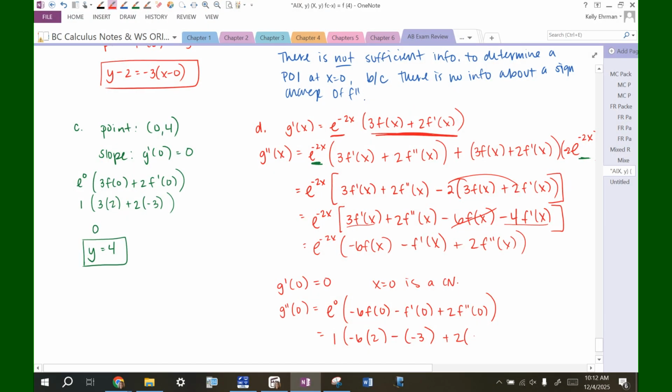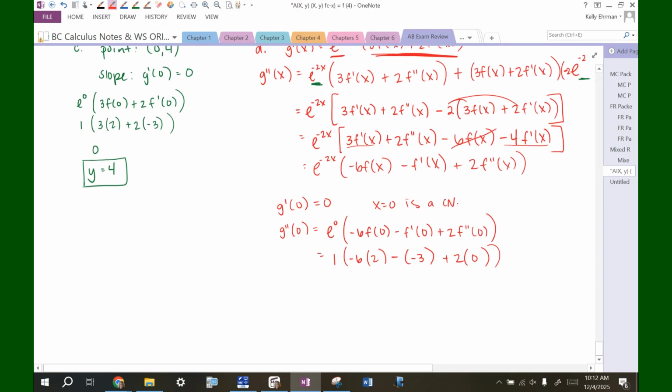F double prime of 0 was 0. So this is negative 12 plus 3 plus 0. So negative 9. So there is a horizontal tangent. There's a critical number at x equals 0. And the graph is concave down at x equals 0.